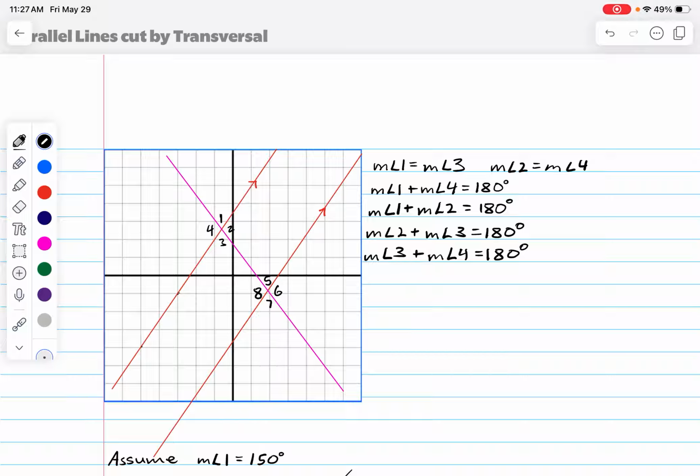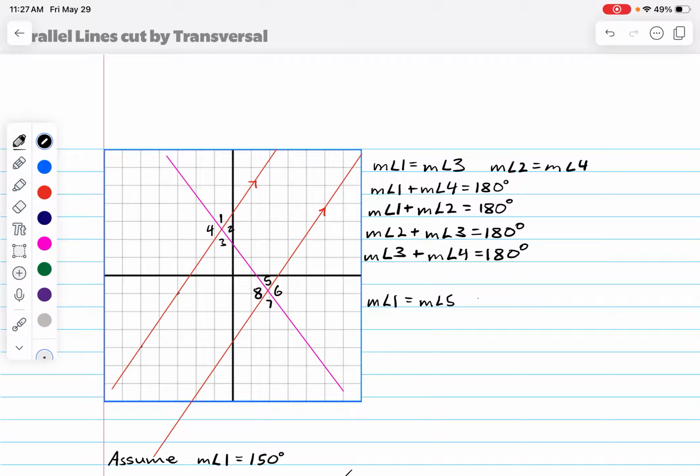Now notice I have corresponding angles here. What I mean by that is this angle 1 corresponds to angle 5 because it's the same angle. All I did was move it. So we could say here that the measure of angle 1 is equal to the measure of angle 5.